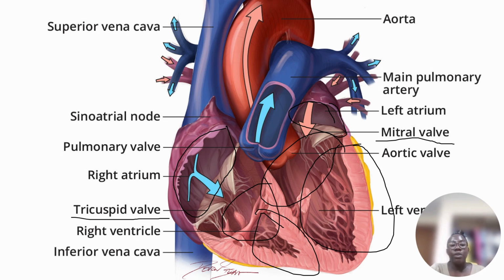The purpose of the valve is to prevent blood from going back, so it allows the blood to go in only one direction.